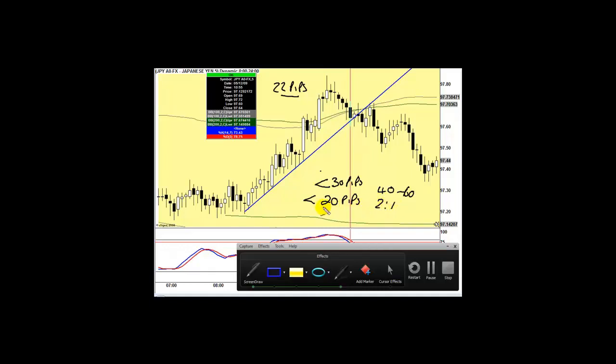So if our stop loss is 20 pips, we should be aiming for somewhere around 40 on the trade. If our stop loss is 30 pips, we want to be aiming for somewhere around 60 pips on the trade, and that gives us a 2-to-1 risk-reward ratio. So in this case, we've got a 22 pip stop loss, which is excellent, and that is, of course, if we enter the trade at that point there, at the initial indication or the initial signal.